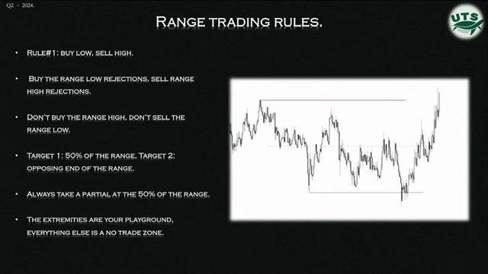And of course, validation off of the 50% by rejections smacking into it. This one specific thick down close candle is the candle you're using to buy into to target the 50% and then the opposing end of the range.